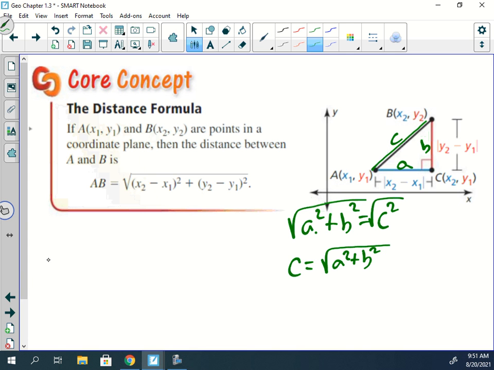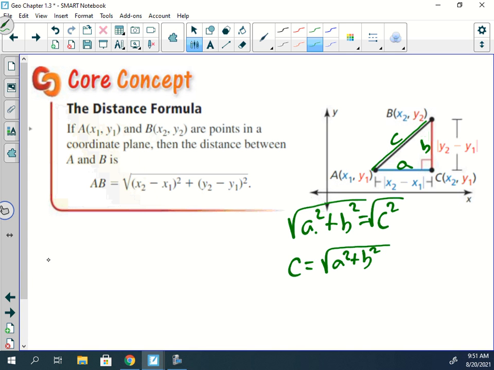Now, with the distance formula, where we place x and y doesn't matter, as long as the x's are in the same set of parentheses and the y's are in the same set of parentheses. When we start talking about slope, y2 minus y1 over x2 minus x1, the order in which we put x and y in there matters.